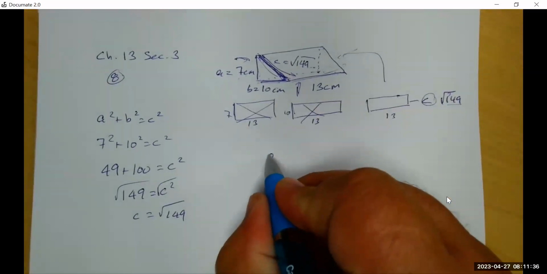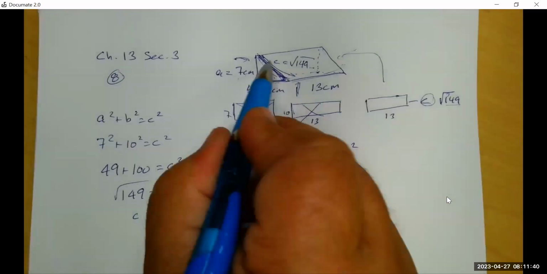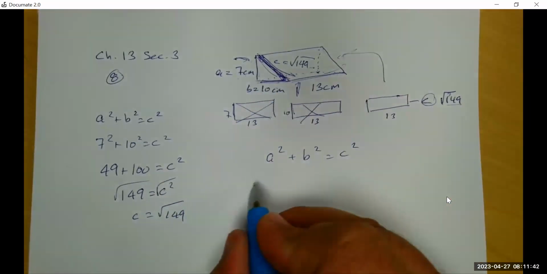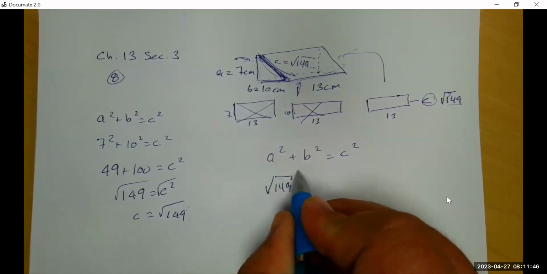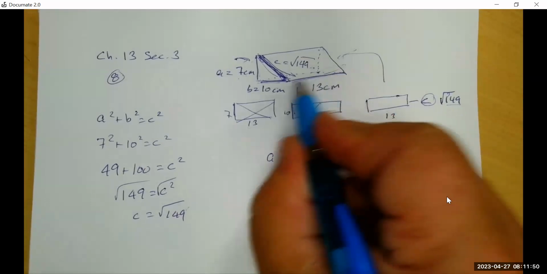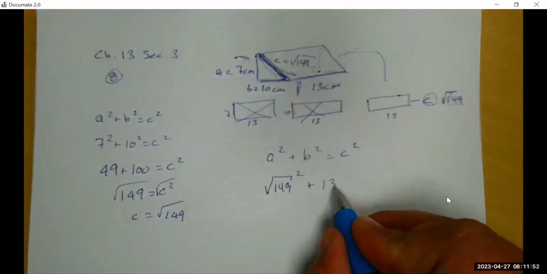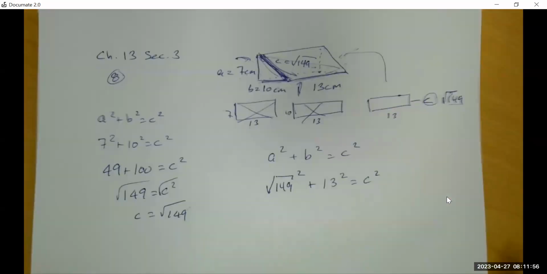Since we have to use the Pythagorean theorem again, this length here, the hypotenuse, is the square root of 149 squared. The base is 13. And we have to figure out the diagonal, hypotenuse.